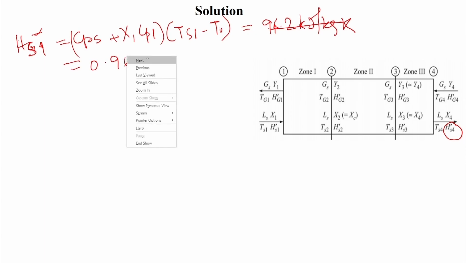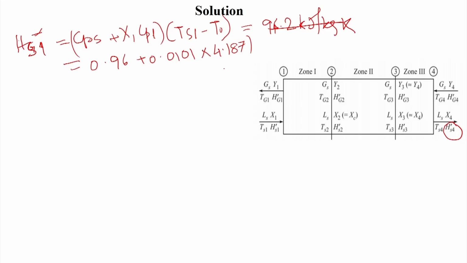By doing this, 0.96 plus 0.0101 into 4.187 into 60 minus 10, it is coming out as 60.14 kilojoule per kg Kelvin.